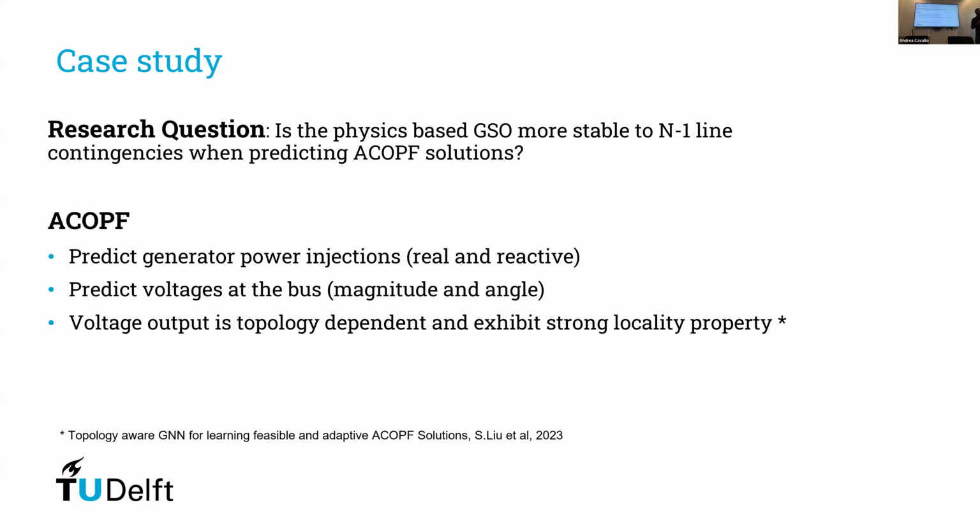We already know from our knowledge of power systems that voltage output is topology dependent and exhibits a strong locality property. In other works, they've used just graph filters to get voltage measurements, because of the strong locality property that voltage measurement exhibits.